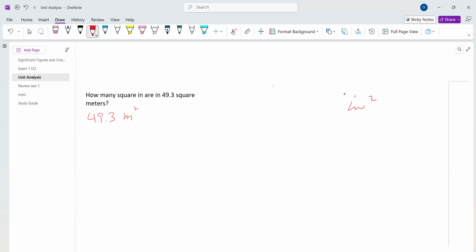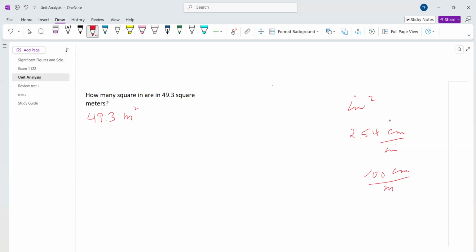So we have 2.54 centimeters per inch, and then we've got 100 centimeters per meter. Okay, now we're going to convert these to square inches and square meters.